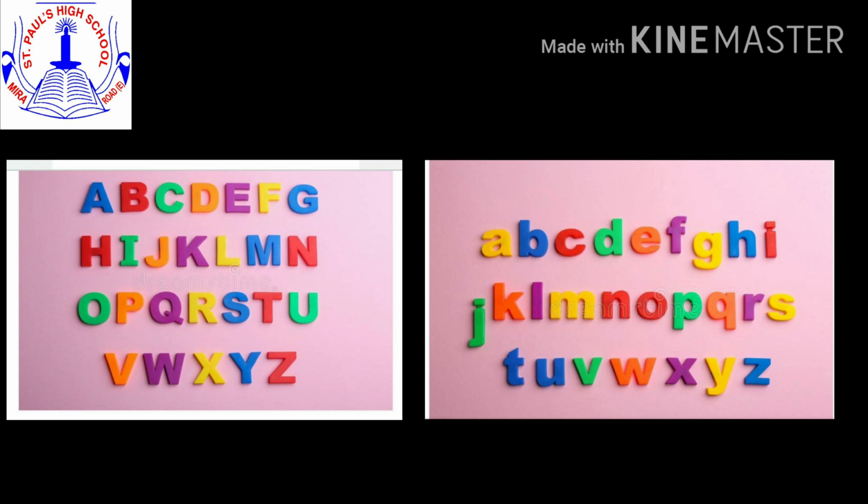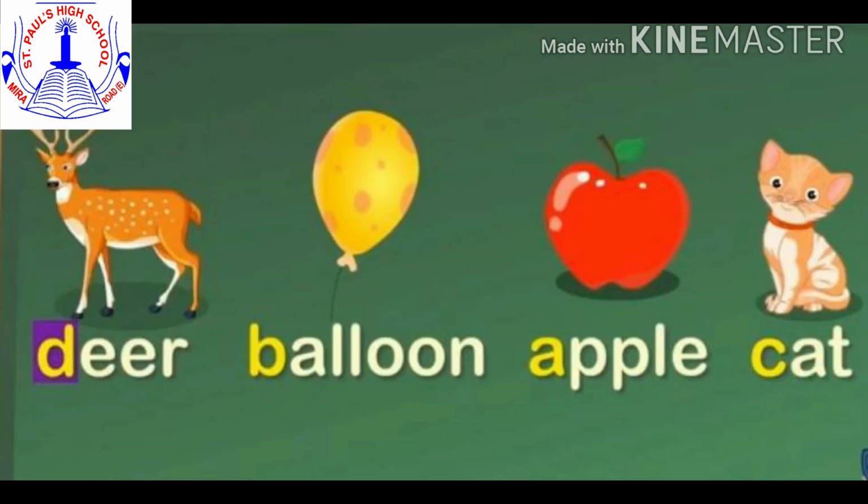Children, now you will learn how to arrange words in alphabetical order. Look at this list of words: deer, balloon, apple, cat. This list is not in alphabetical order. To arrange these words in alphabetical order, we will look at the first letter of each word.